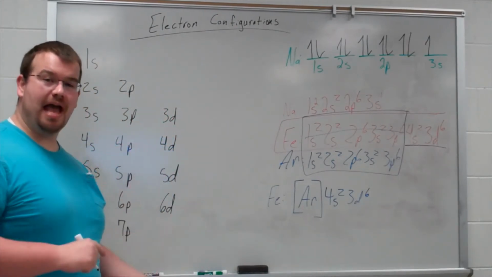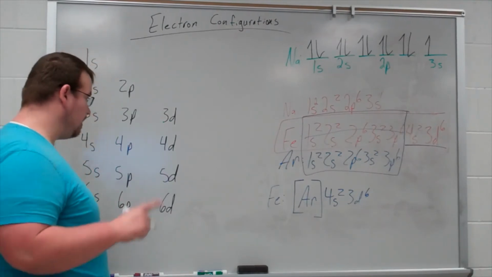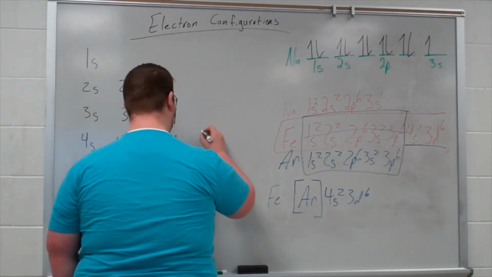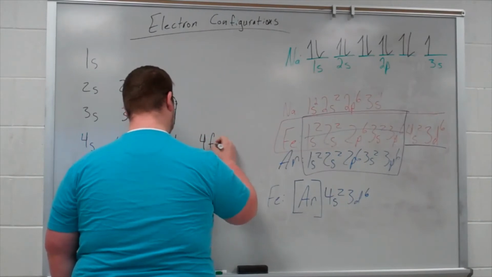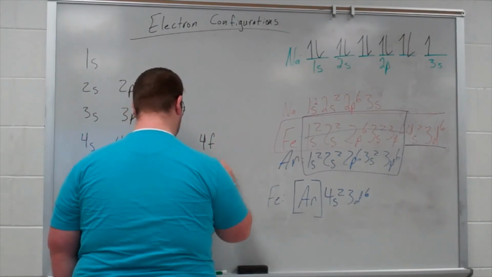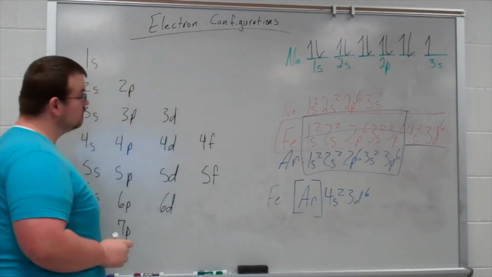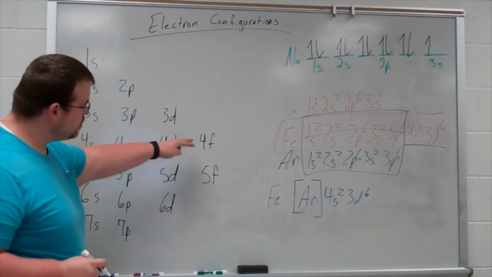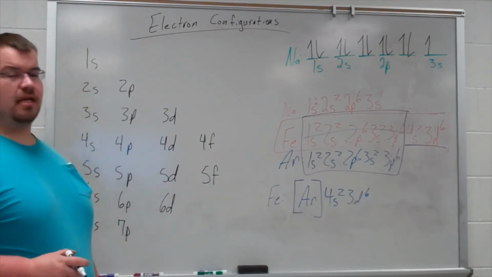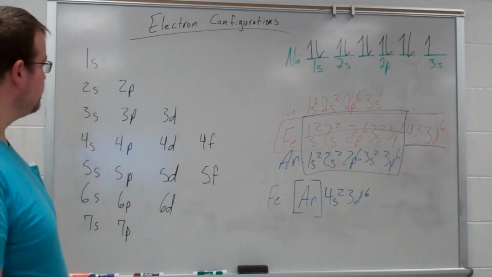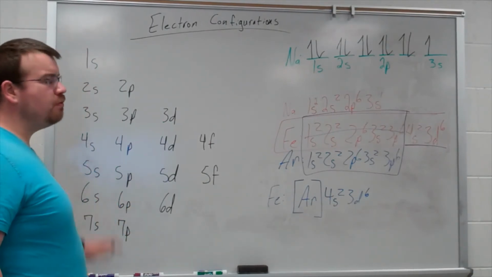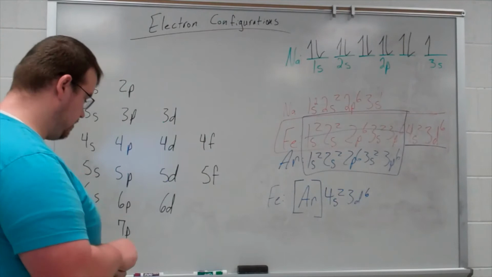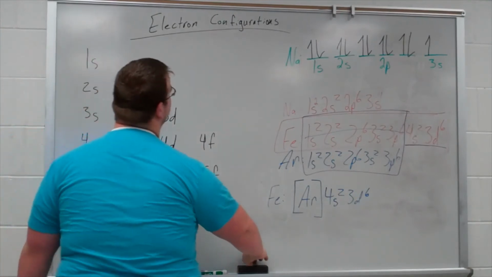Now we go to F. F starts at 4, and there's only a 4F and a 5F. So this is what you're looking at. This is what you have to be able to do first. This is option 1 to get your fill order. There's 3 options. I got a feeling you'll choose option 1 or option 3.